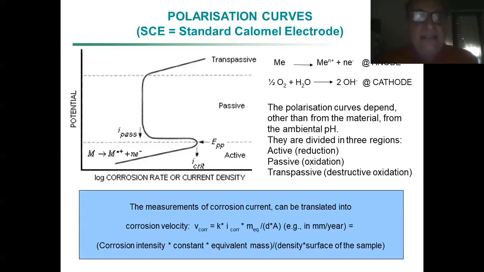Then at a certain point, you resume the ohmic behavior for a transpassive situation, where in practice the sample is fragmented, and you even get to a mechanical failure because you have an uncontrolled passage of current in a corrosion situation.